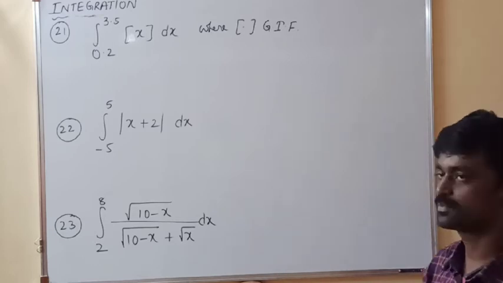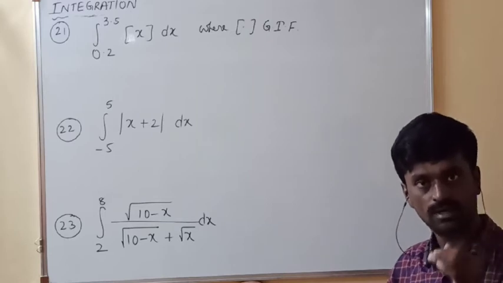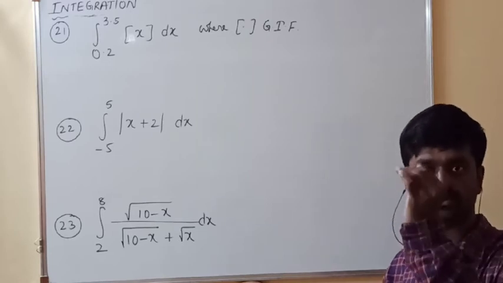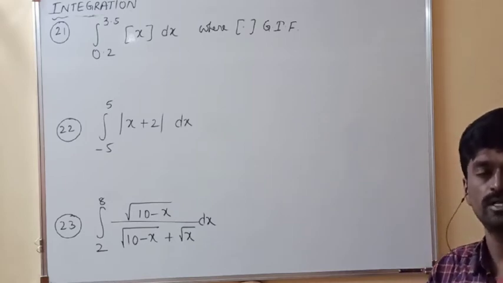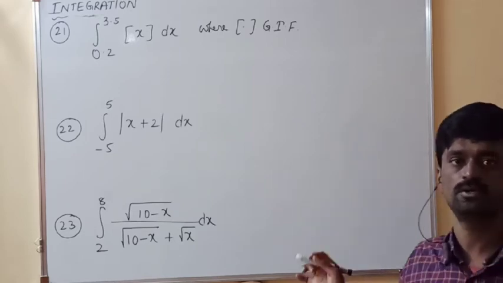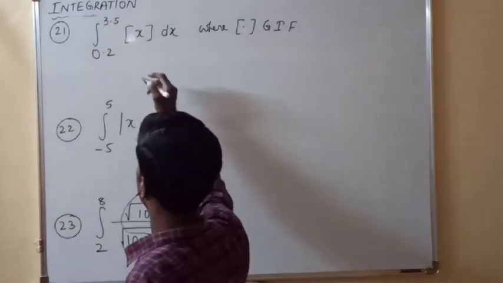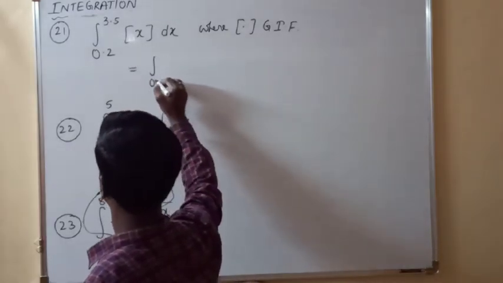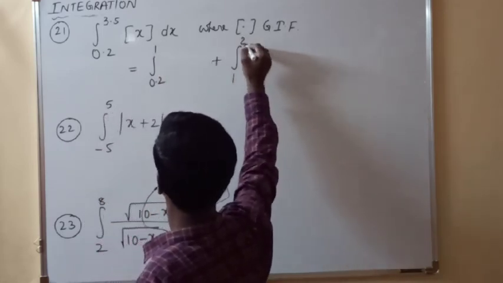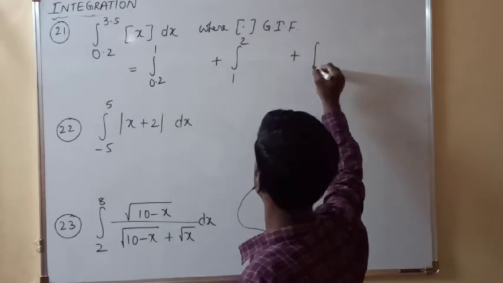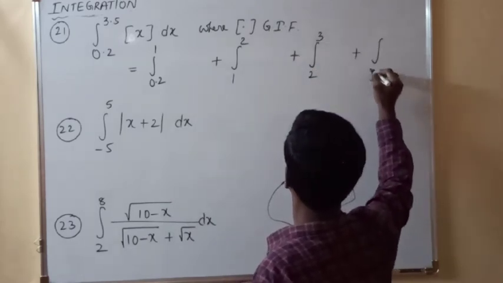So that means we have to split this integral from where to where? 0.2 to 1, next 1 to 2, next 2 to 3, next 3 to 3.5. Okay, because at 1, 2 and 3 the step x function is discontinuous, so we can't integrate directly here. So how to split? 0.2 to 1 plus 1 to 2 plus 2 to 3 plus 3 to 3.5.